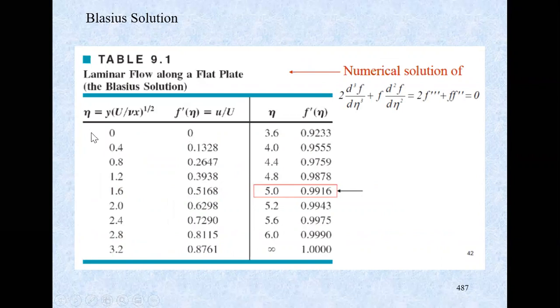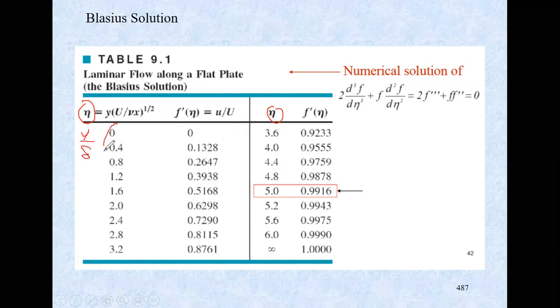So this is a pair. The table consists of eta, which is the y over delta we defined previously, and then f prime of eta.